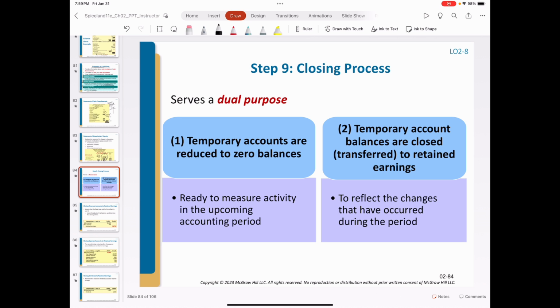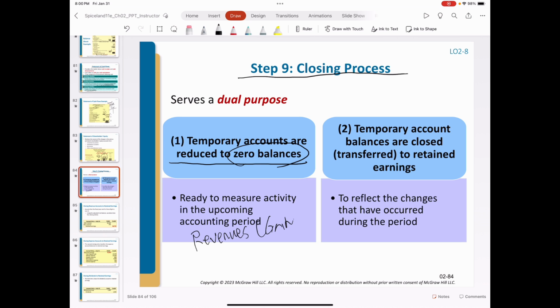And the next step, step 9, is to close all the temporary accounts. The purpose of the closing process is to close all the temporary accounts. Closing means we reduce the balance of these temporary accounts to zero. Temporary accounts include, 3, all the revenues.